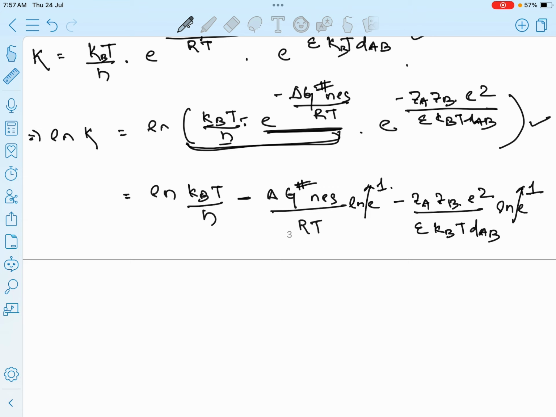Considering both the terms to be involved, we are saying this to be ln k node minus ZA into ZB e square by epsilon kBT dAB.